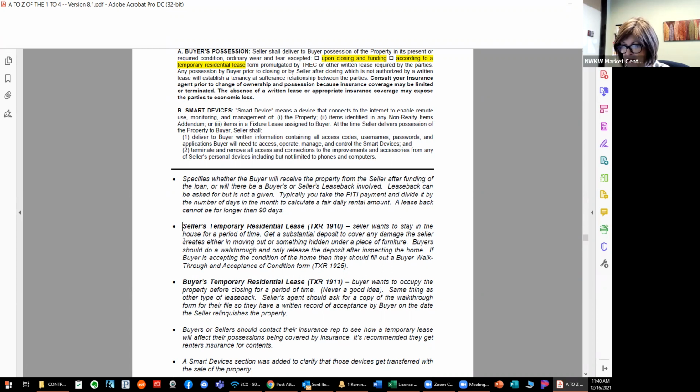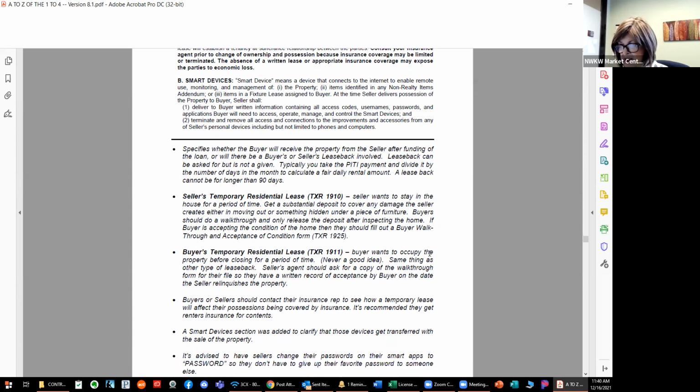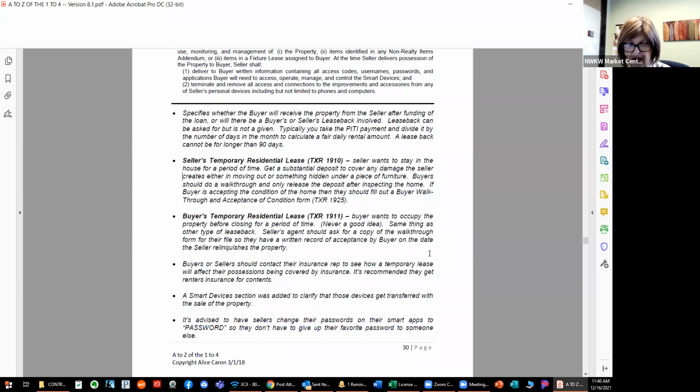That's never really good either, because until they get all their stuff out of the house, you don't know if the floors are damaged underneath their rugs, or you get to see the real thing when all their stuff's out. So those are two situations. And sometimes you have to have a lease back just because they've got furniture coming and they weren't expecting it to be this soon, or whatever it is. Just know that it's possible, but it's not great. If you can get by without a lease back, do it.